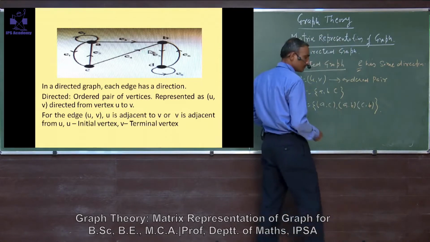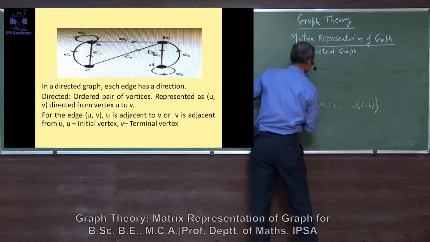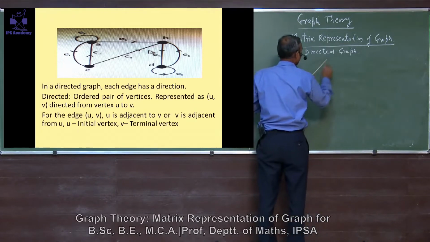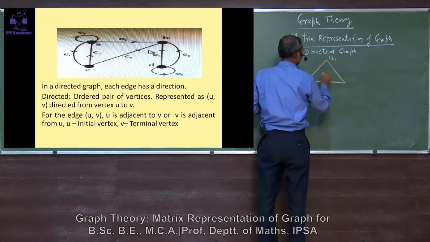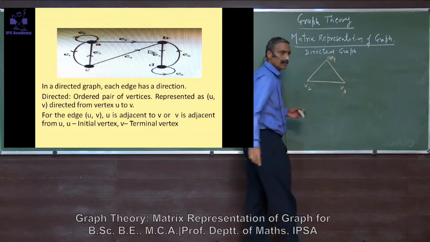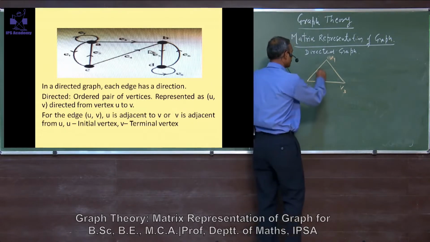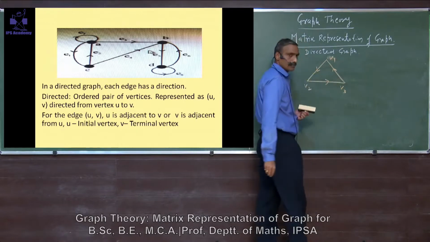I am taking a simple example here. What is a directed graph? Suppose I am defining a graph here. This is a simple graph having V1, V2 and V3. But if we put a direction on each edge, then it becomes a directed graph.